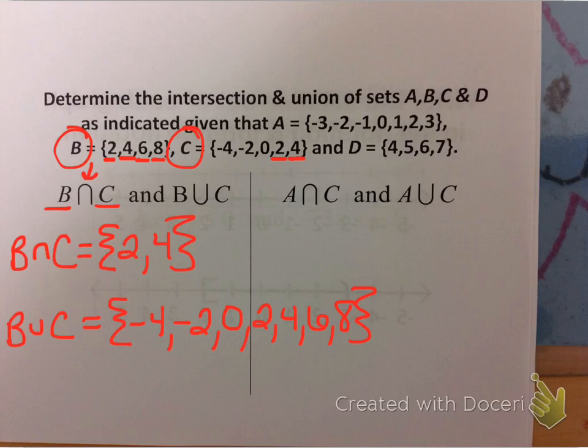That's the list of numbers that occurs in either list or the other. Now, if they occur in both lists, you don't have to list them twice. 2 is a number that occurs in B and it occurs in C. Okay, so I'm not trying to tell you how many times the number occurs, just the fact that it does occur. Okay, so last time, you guys pause, you try that last problem.